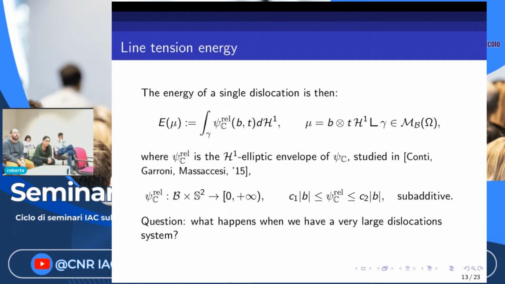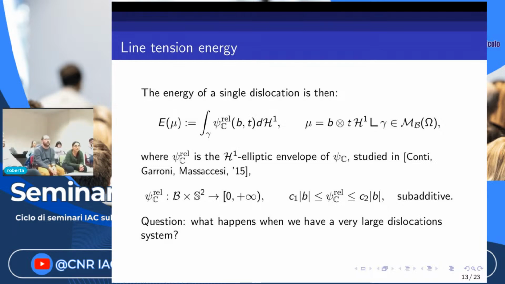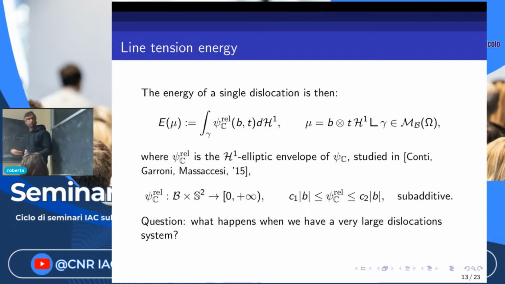You fix the boundary condition outside of the ball, which is given by the straight dislocation with direction T and Burgers vector B. The integral is taken in the ball, of course.